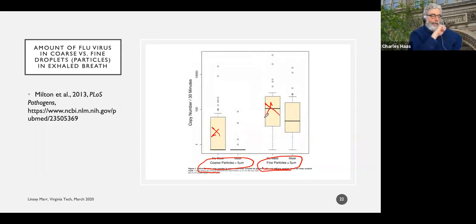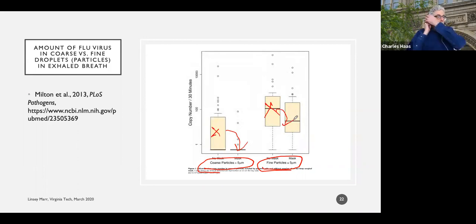The second major finding in this work, which is shown in the graph, is that for the coarse particle fraction, we got a significant removal by wearing an ordinary surgical mask. On the other hand, for the fine particles, very, very small removal.